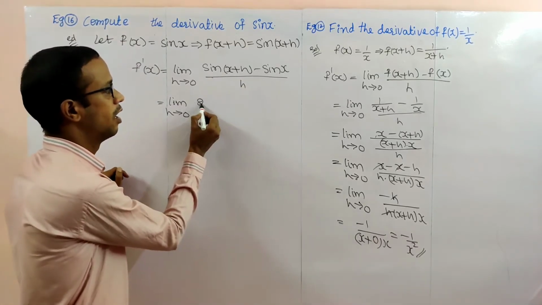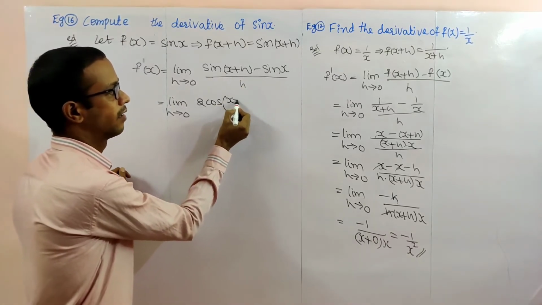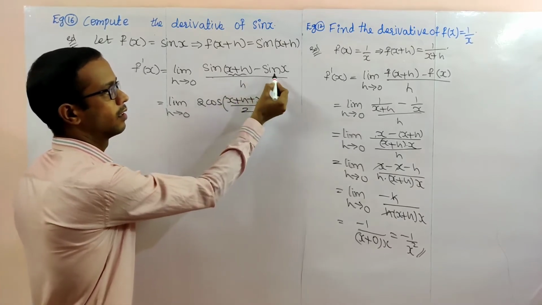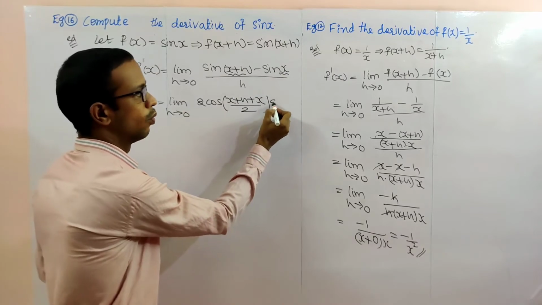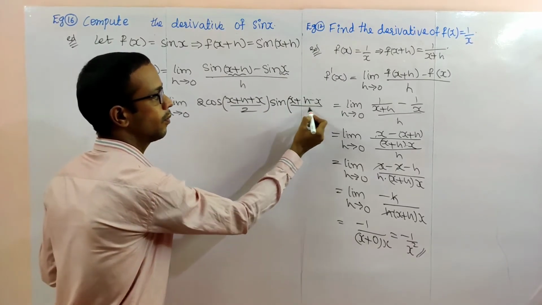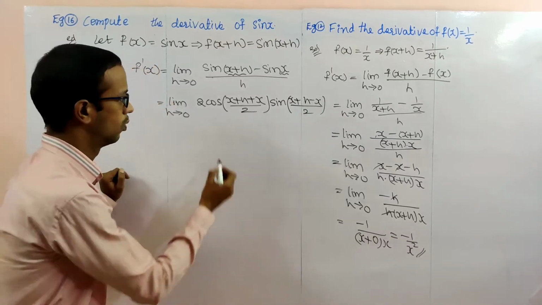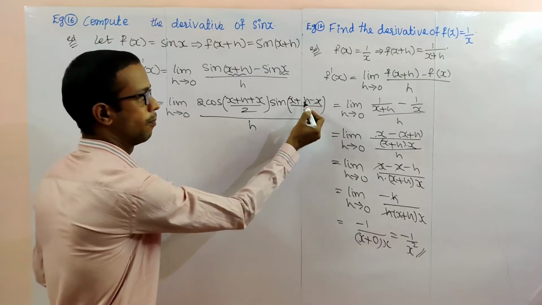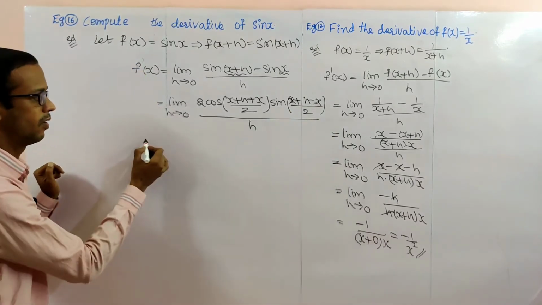What is the formula? 2 cos of x plus y by 2 into sin of x minus y by 2, whole divided by h, h as it is. Here minus x plus x get cancelled, simplify.